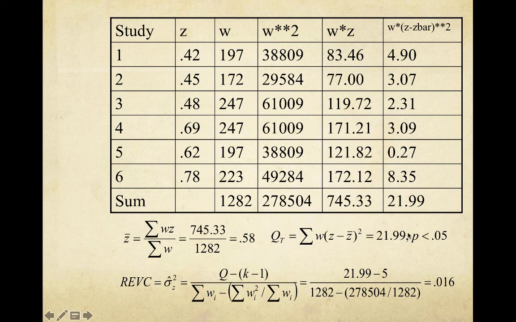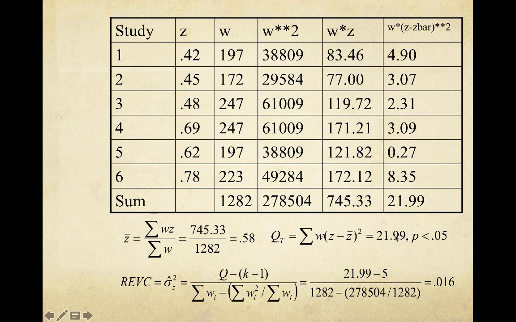And Q is related to chi-square. If these are homogeneous in the population, then this thing will be distributed as chi-square with k minus 1 degrees of freedom. We've got 6 studies, so that would be chi-square with 5 degrees of freedom. And 21.99 is much bigger than we would expect with 5 degrees of freedom.